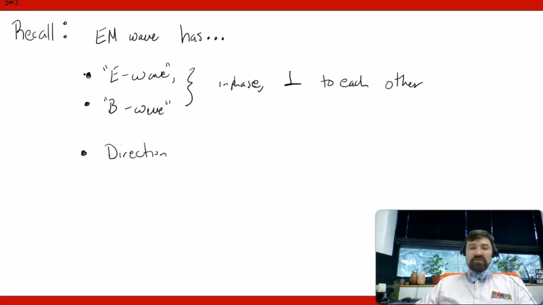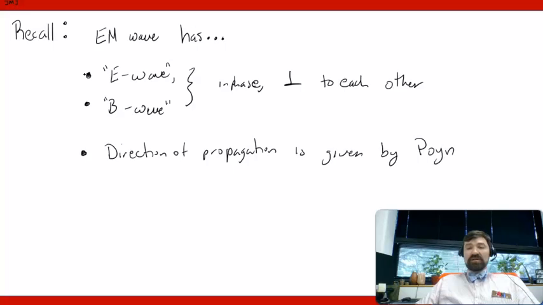Direction of propagation is given by the Poynting vector. And that Poynting vector, recall, is named after a person. So it's not spelled like to point with your finger, but after Poynting.